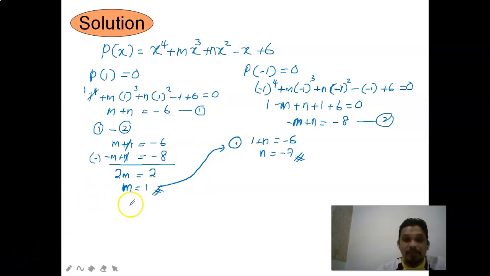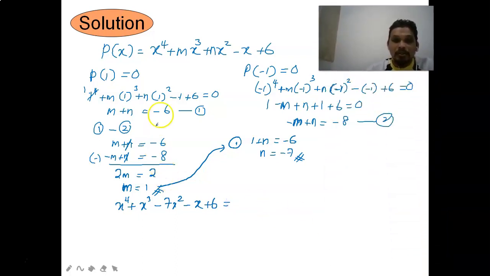Okay, so now let's rewrite all this. x to the power of 4 plus m, where m equals 1, x cubed, n equals negative 7, minus 7x squared minus x plus 6 equals 0.